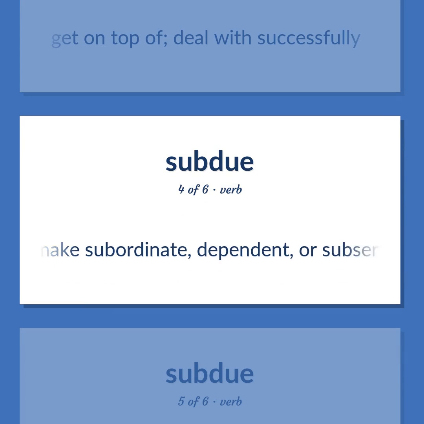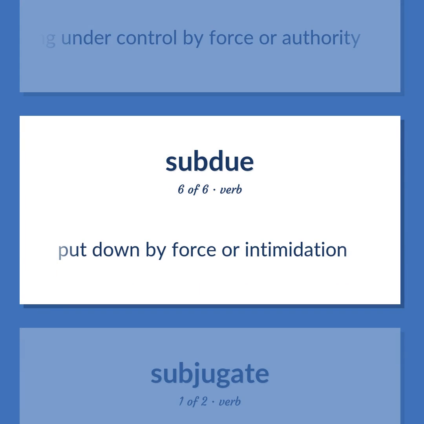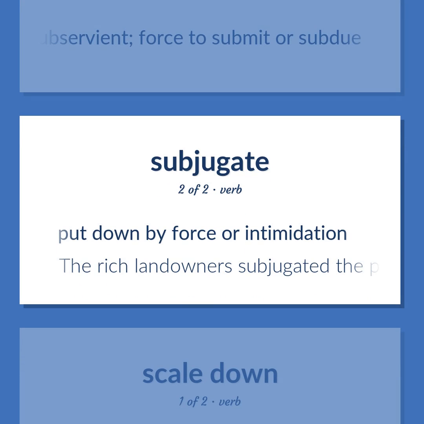Make subordinate, dependent, or subservient. Bring under control by force or authority. Put down by force or intimidation. Make subservient. Force to submit or subdue. Put down by force or intimidation. The rich landowners subjugated the peasants working the land.